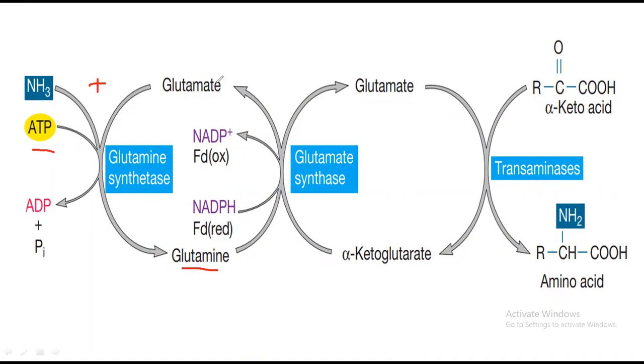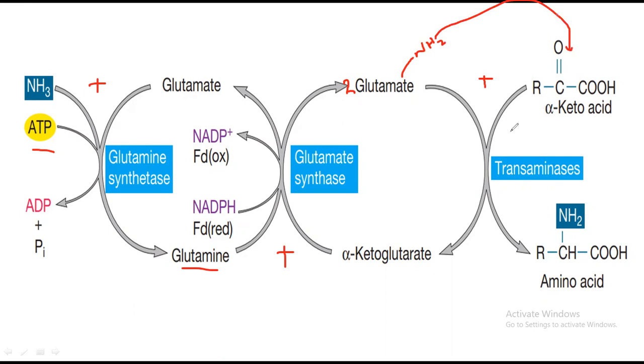After that, this glutamine will react with alpha ketoglutarate and give rise to two molecules of glutamate. And after that, this glutamate has the ability to give its NH3 amino group to other keto acids, as I have shown you previously.